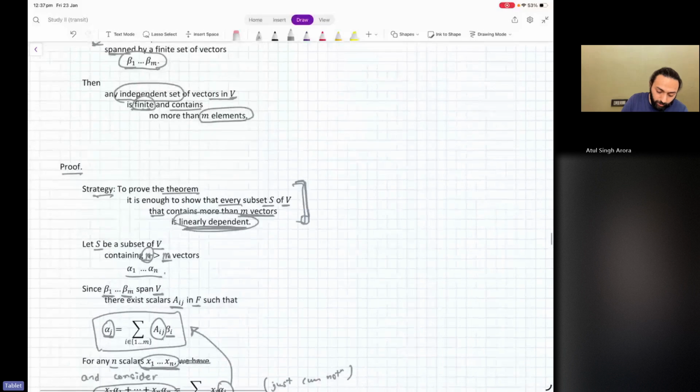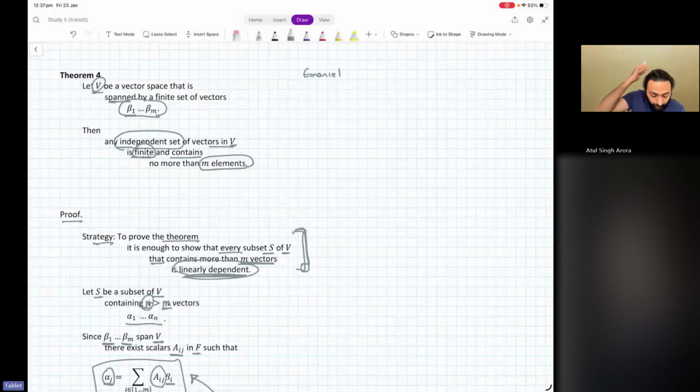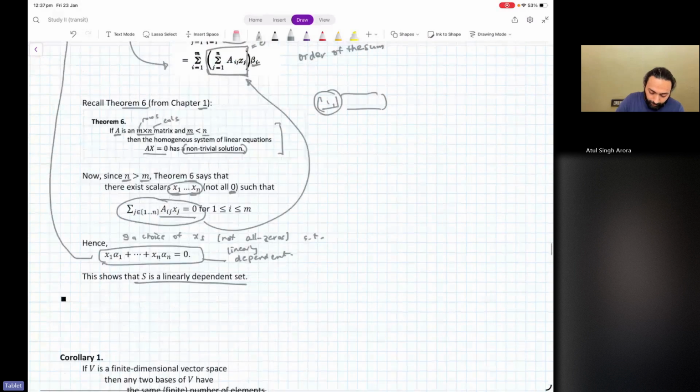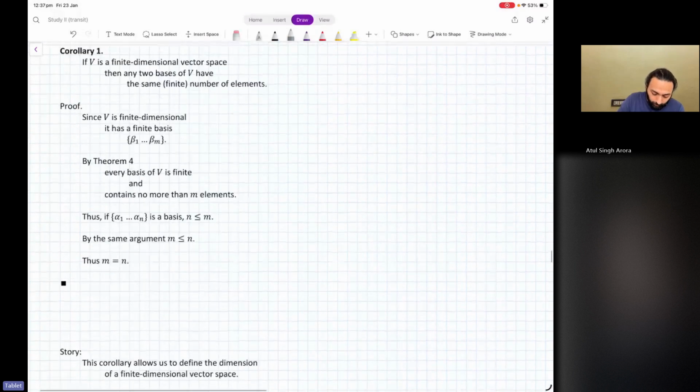And that was enough to show the theorem, which was saying that if you have m many finite vectors, then any independent set of vectors that is finite will have to contain at most m elements. It cannot contain more than m elements. All right? Perfect. Thank you.